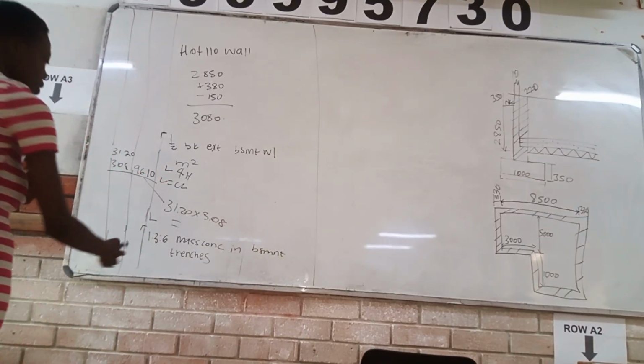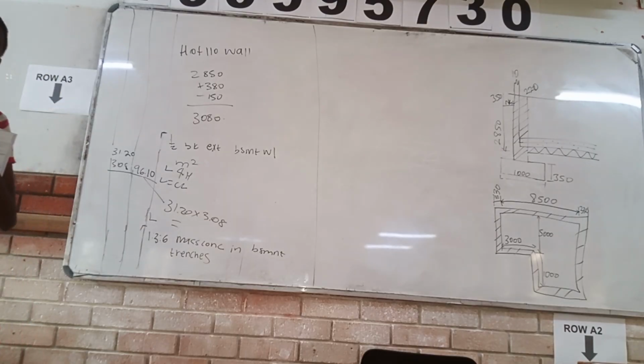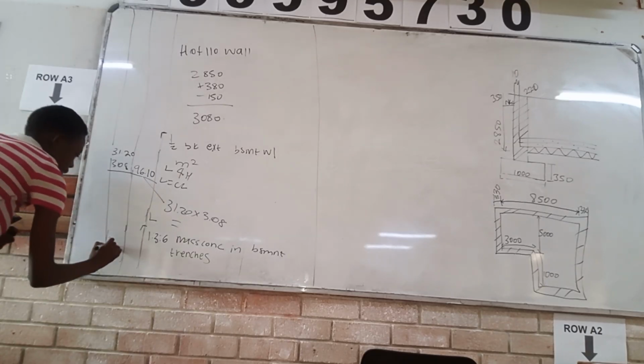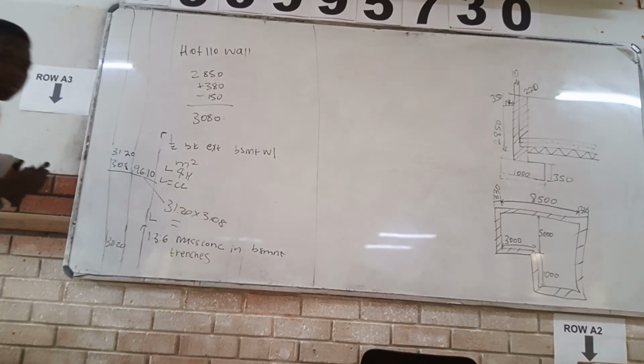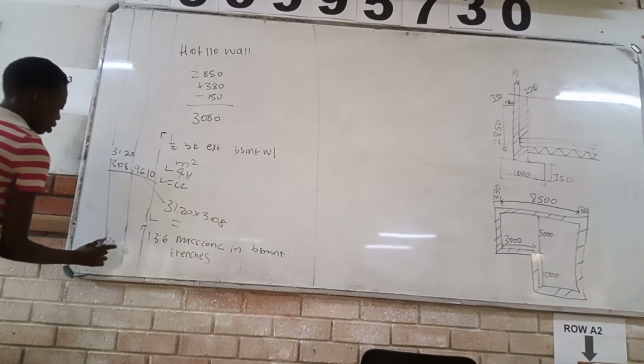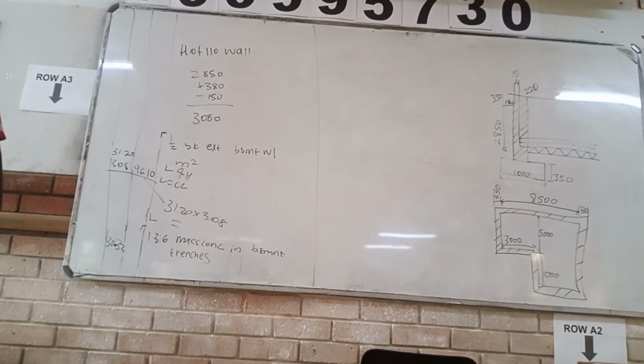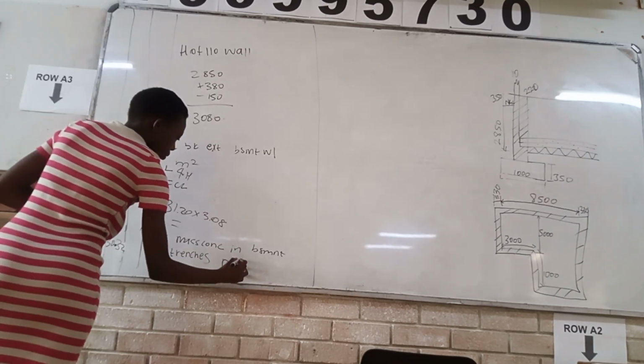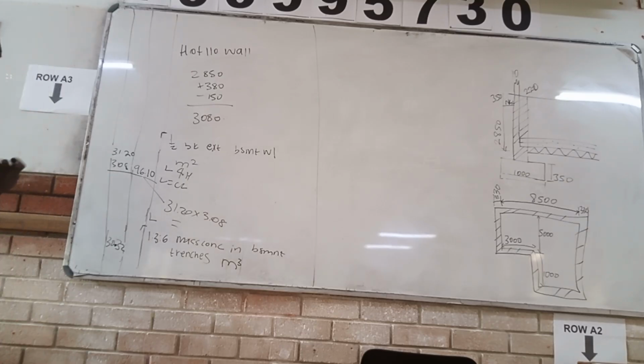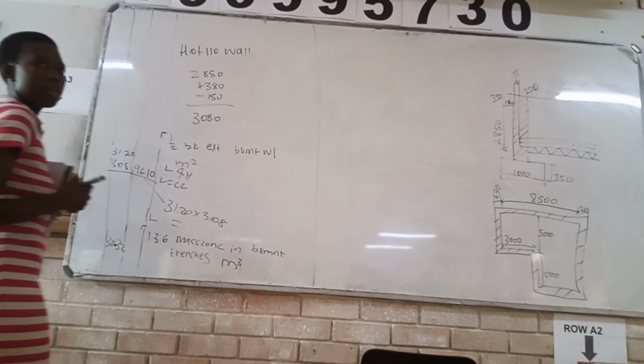So now we calculate the center line for the concrete footing again. It's 30,20, 30,32. So 30,32 here now. Concrete is measured in cubic meters again. So what is the width of our concrete?